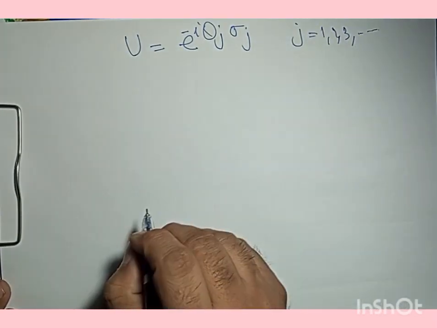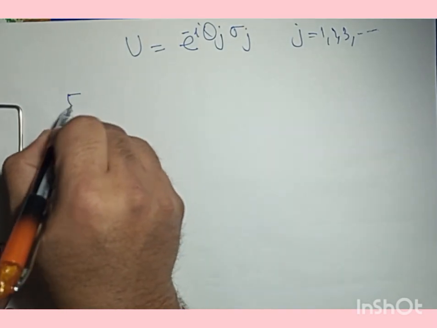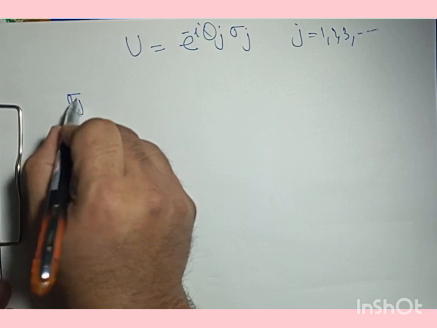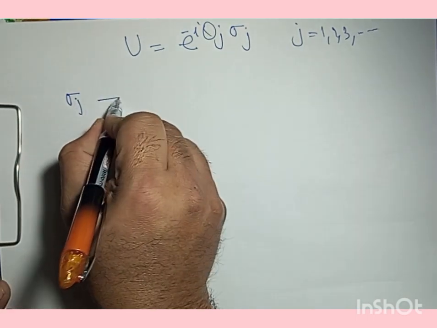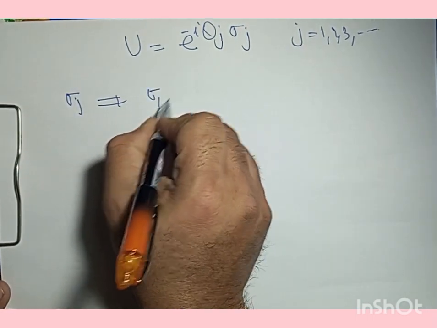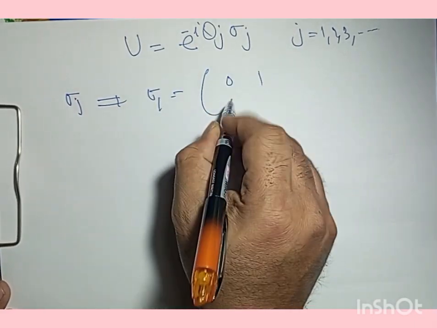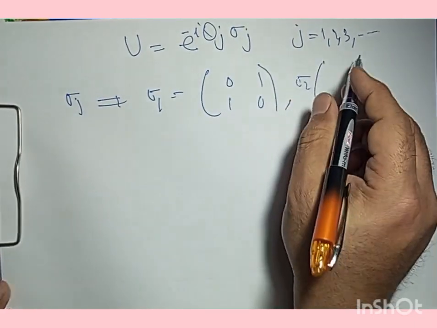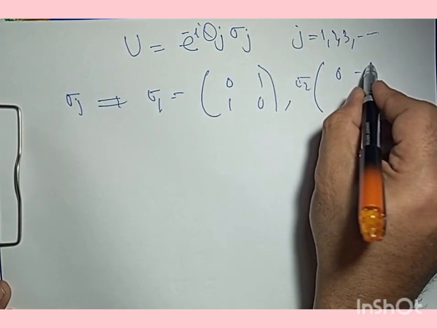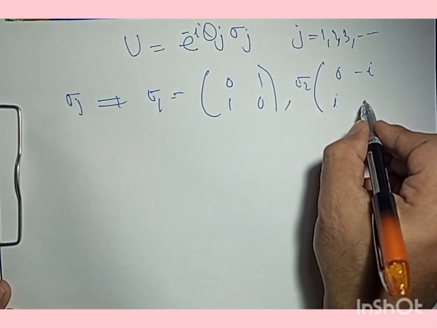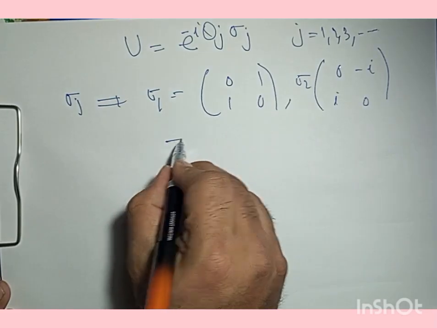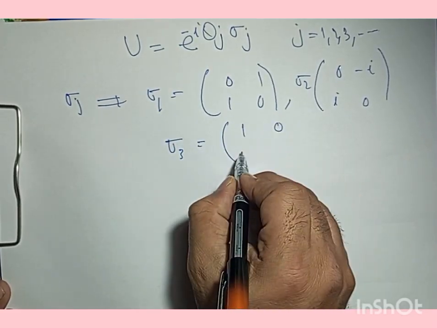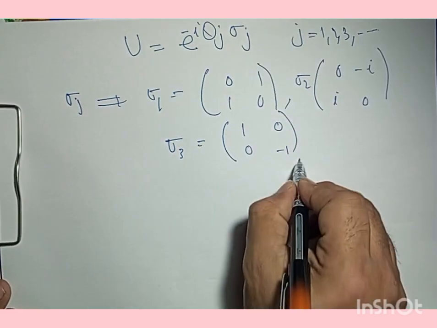And sigma_j we call Pauli matrices. For sigma 1 we have 0, 1, 1, 0. We have sigma 2, that is 0, minus i, i, 0. And for sigma 3, we have 1, 0, 0, minus 1.